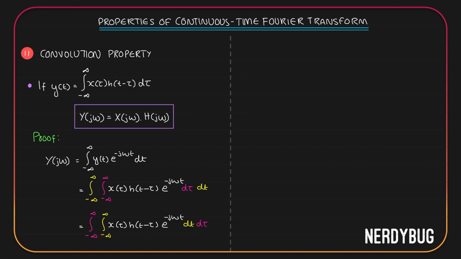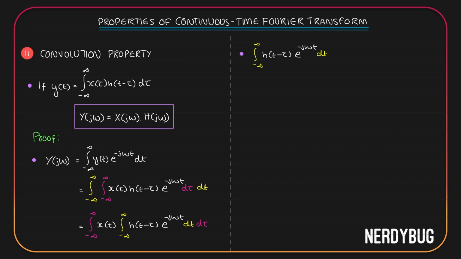But the inner one is with respect to t and we have x of tau here which doesn't have anything to do with t. So let us take it out of the yellow integration. H of t minus tau has t in it, so it has to stay inside. E raised to minus j omega t is also a function of t, so it has to stay inside. We have to evaluate this integration first, so let us take that out.